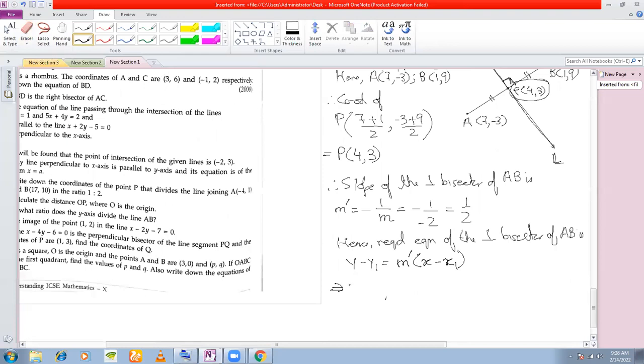So put the values. What is x1 y1 here? This P, 4, 3, is x1 y1. So y1 is the y coordinate of P, which is 3. M dashed value we have got as half. x minus x1, where x1 is the x coordinate of P, which is 4. Now you can simplify this to get your required equation.